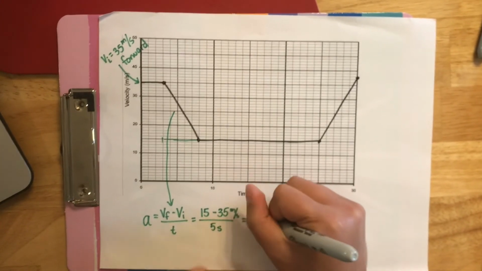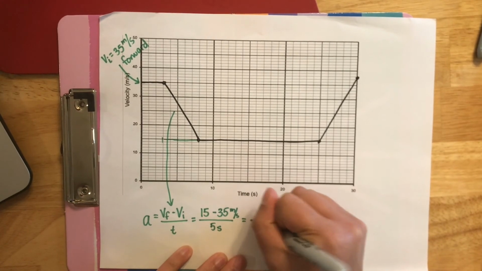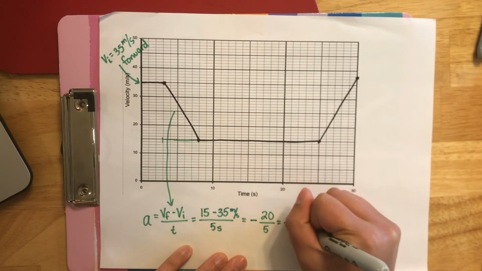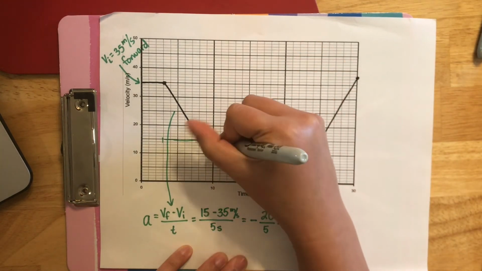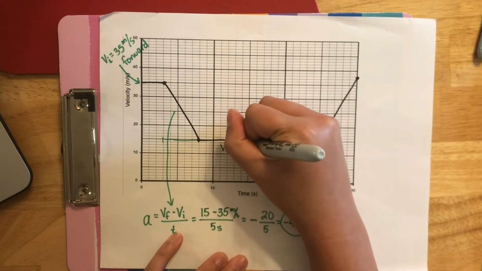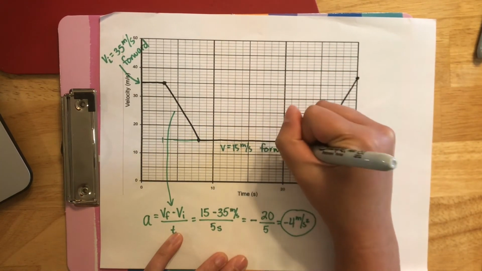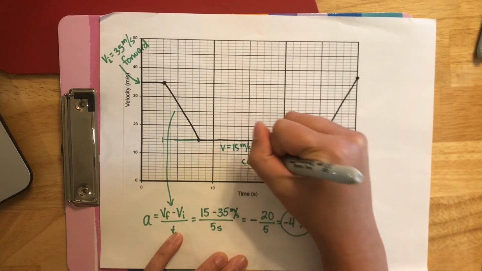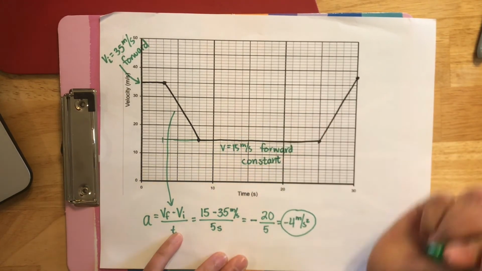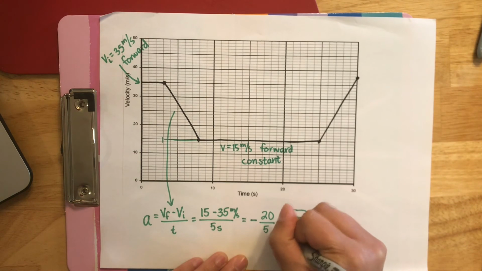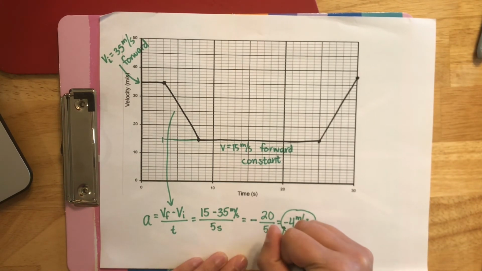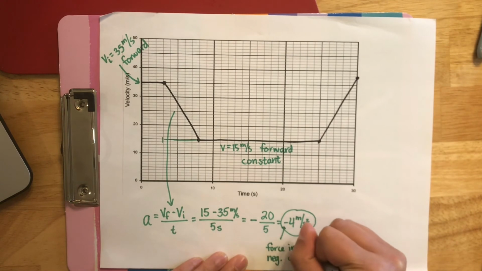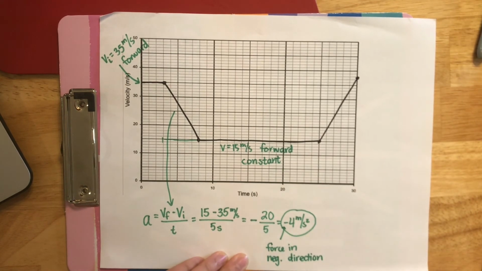Subtracting that out, I see that I get negative 20 meters per second over 5 seconds, and that's negative 4 meters per second squared. I want to point out that doesn't mean it's slowing down necessarily. That negative 4 there means it has more force to the left than it does to the right. This would be simulated by the braking. You actually have to slam on the brakes in the part of the simulation to do this.